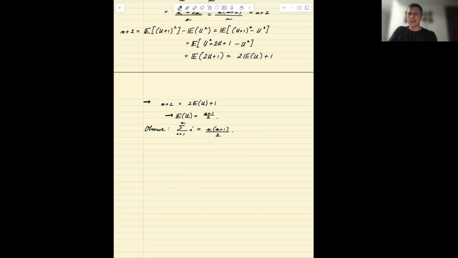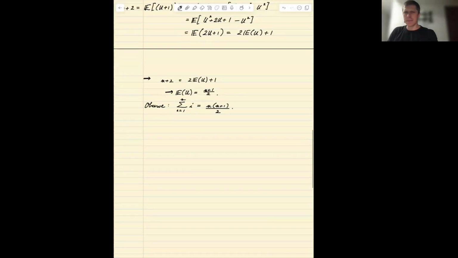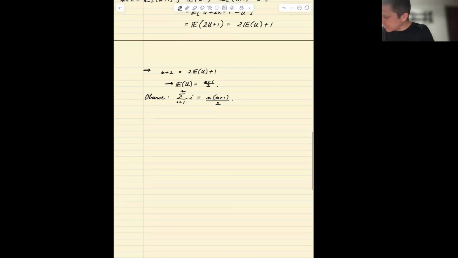We can use the same method to calculate the variance. The way we're going to do it is let's define delta 3 as the expectation of (U+1) cubed minus the expectation of U cubed.